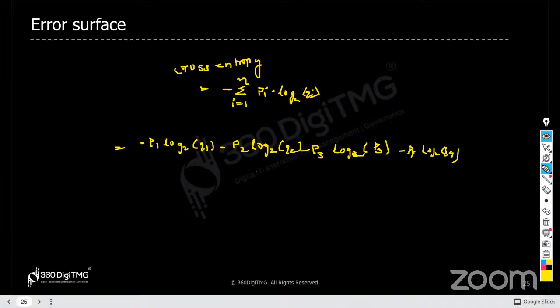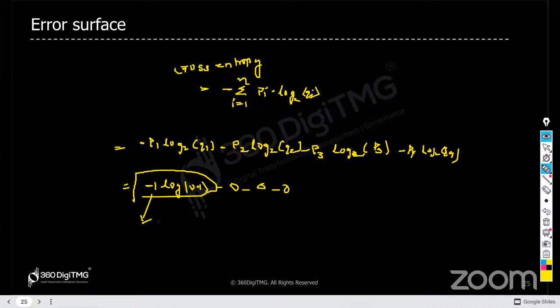Substitute the values; you have the probabilities we took before. So it is 1 into log of 0.1, and the others are 0, since something into 0 is 0. I will get some value when I calculate this. This number is your cross entropy, or loss, or cost.